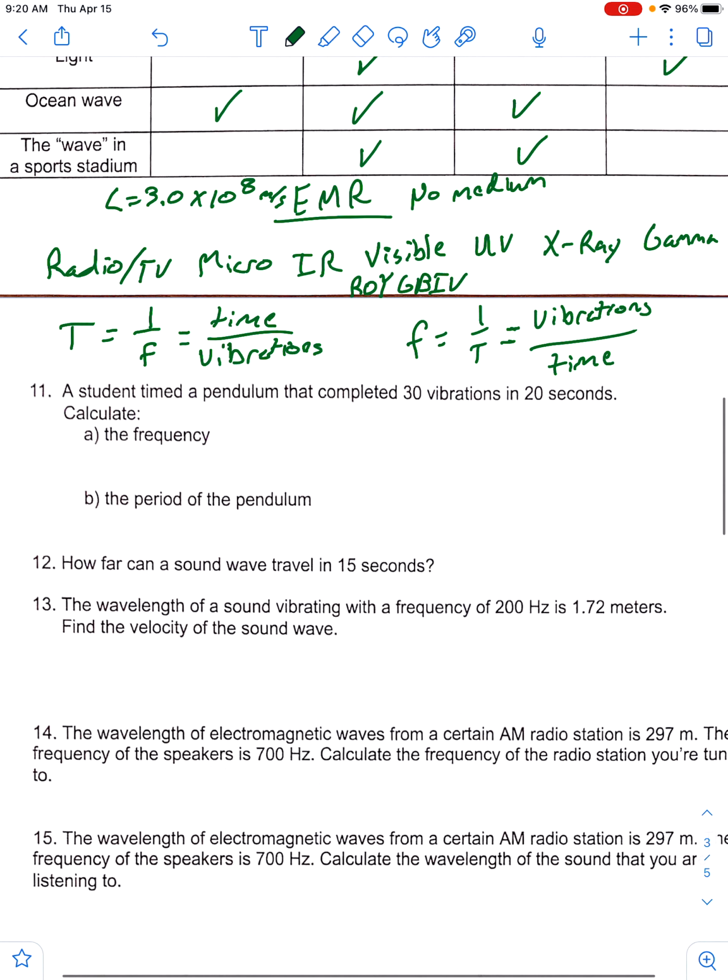Okay, so I want to find the frequency. I know the vibrations and I know the time. I know frequency equals vibrations over time. So I'm going to do my vibrations, which is 30, divided by my time, which is 20. That gives me a frequency of 1.5 hertz.